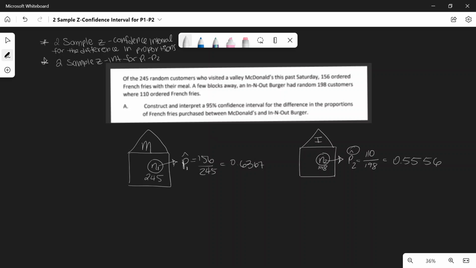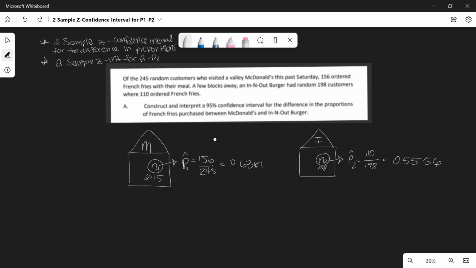The reason we have a hat here is because it's from a sample, right? If it was from the entire population of those customers who go to In-N-Out and McDonald's, then it would have just been capital P. But because it's from a sample, we use p hat.